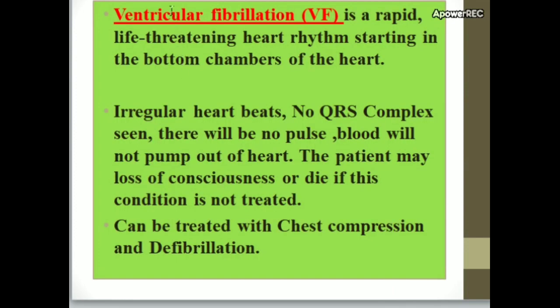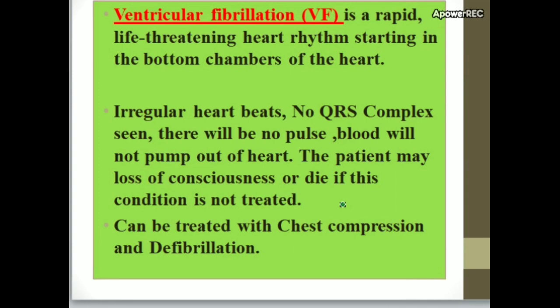So we can go to the explanation page. Ventricular fibrillation, VF, is a rapid life-threatening heart rhythm starting in the bottom chambers of the heart. Irregular heartbeats, no QRS complex seen, there will be no pulse, and blood will not pump out of the heart. The patient may lose consciousness or die if this condition is not treated.